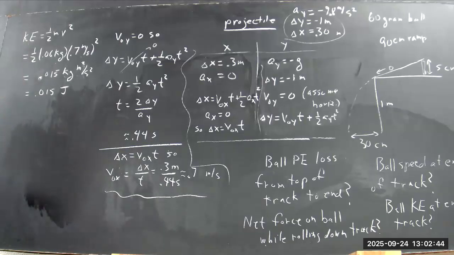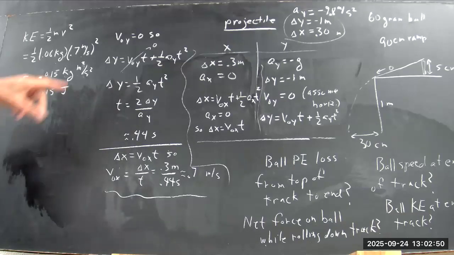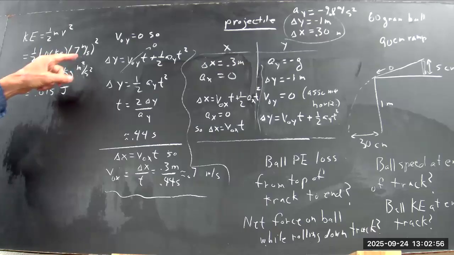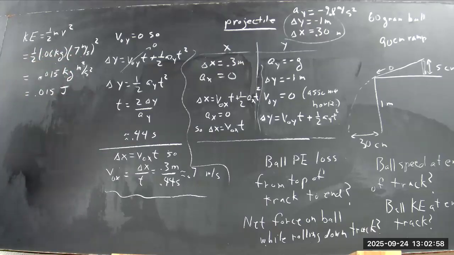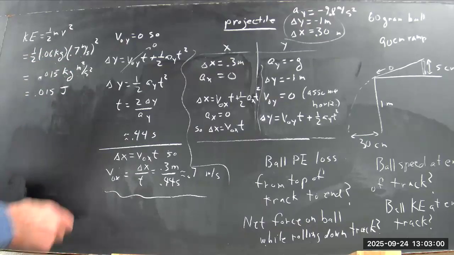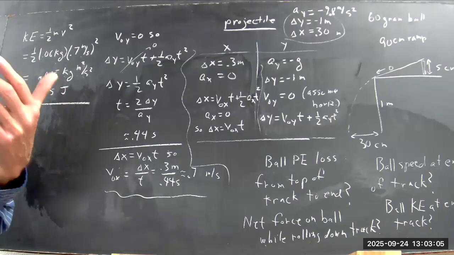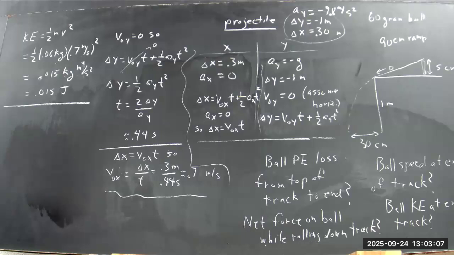And there we have it. I think those numbers are right. If you square 0.7, it's 0.49, which is about half. So you get half, and half of that is a quarter, 0.06 is 0.015. So I think the numbers are right. So that's really easy, right? All you've got to do is remember kinetic energy is 1/2 mv squared.